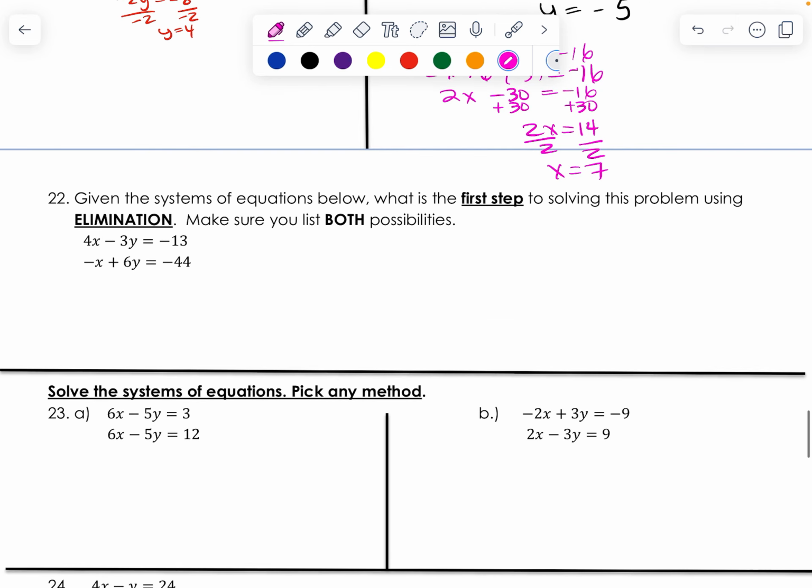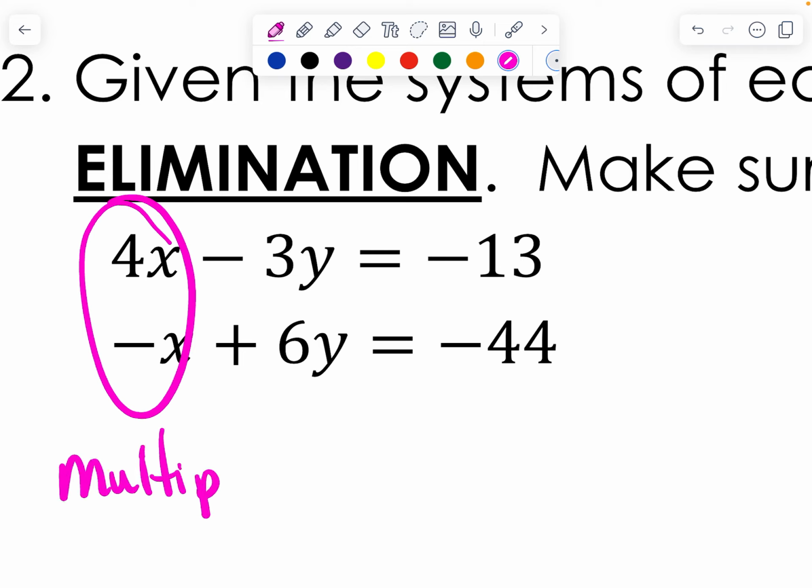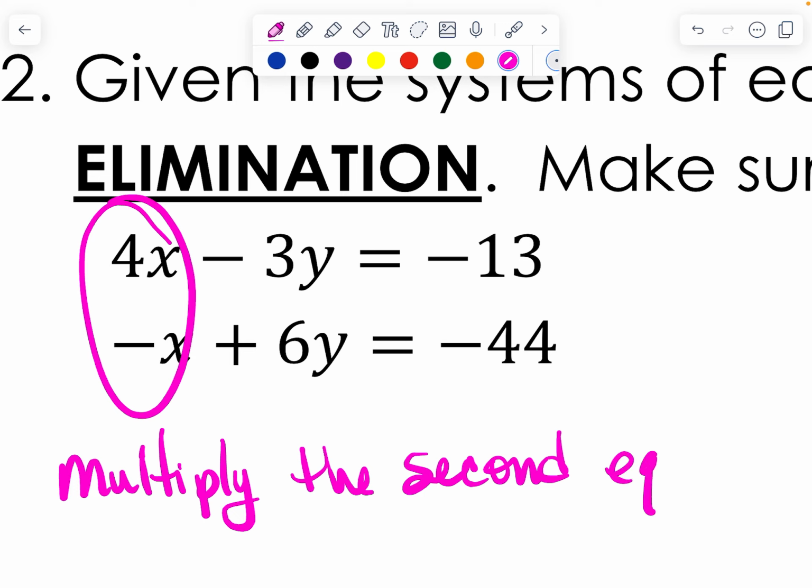Okay. Given the system of equations below, what is the first step to solving the problem using elimination? Make sure you list both possibilities. Well, in order to get the x's opposite each other, I would have to multiply the second equation by 4.